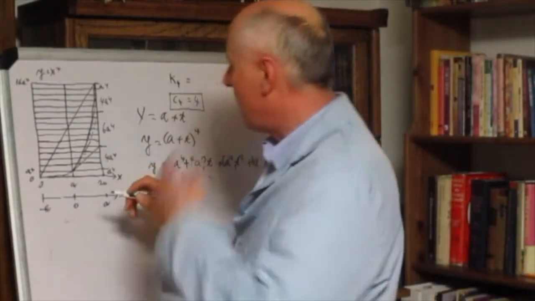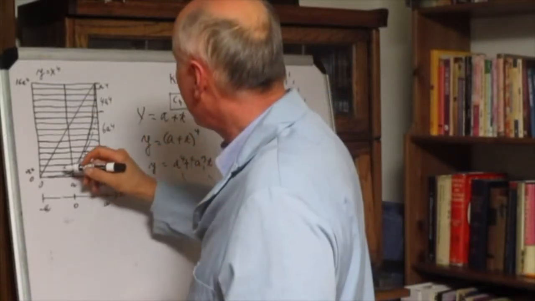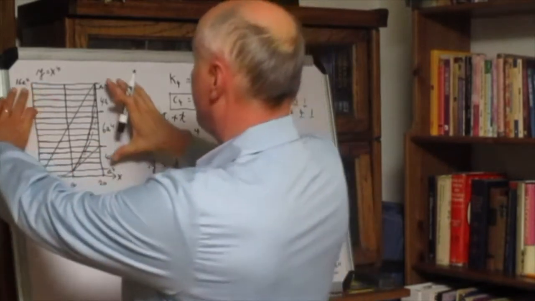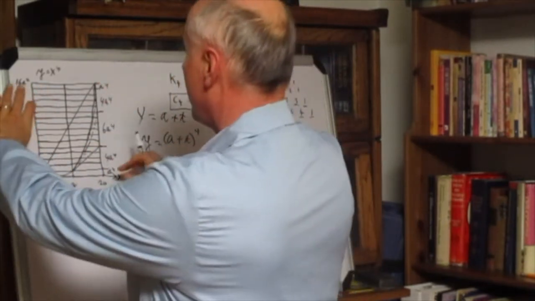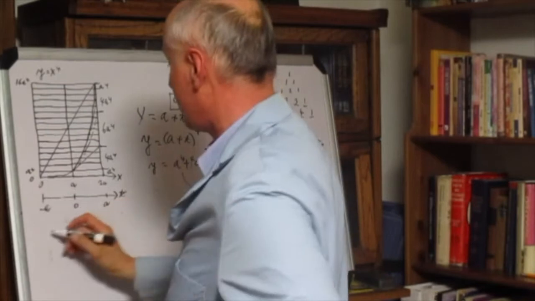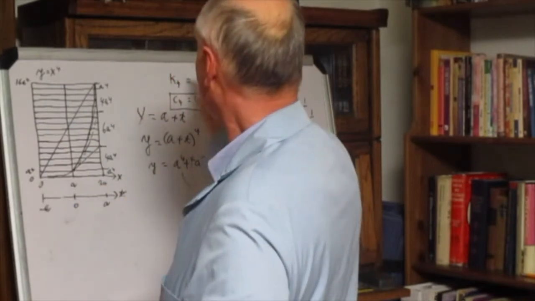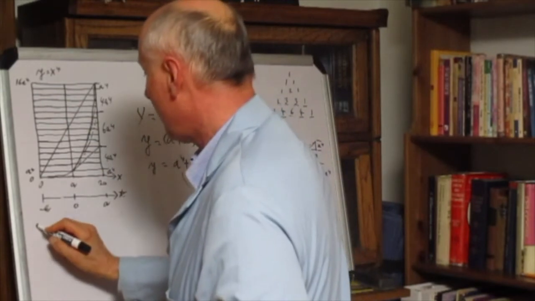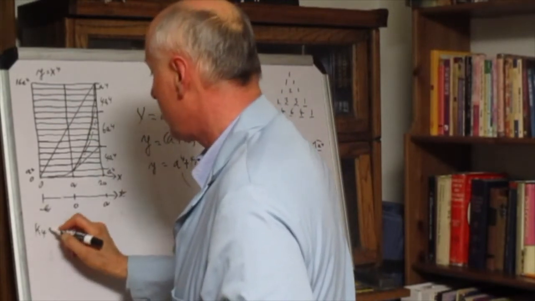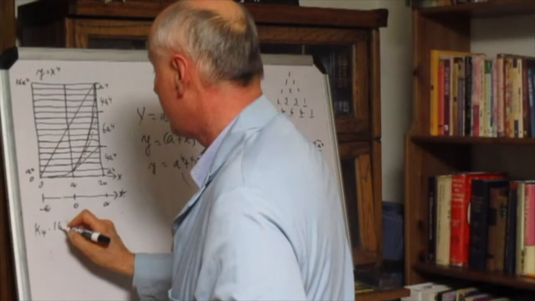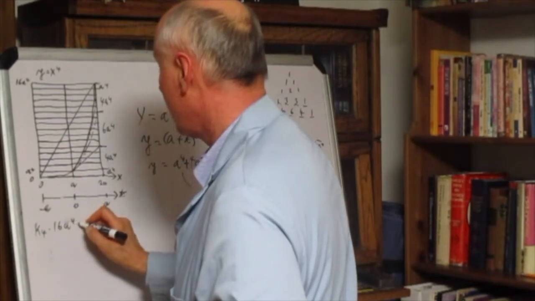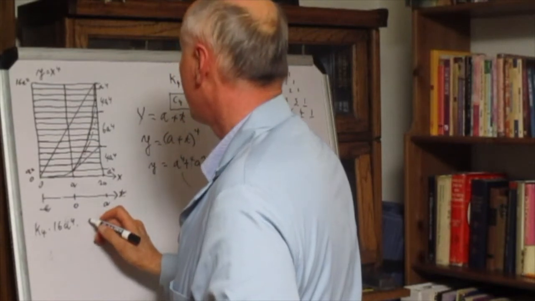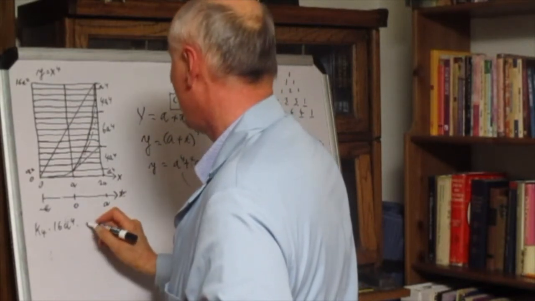What's the area? Well, that's the area of this big wedge. And that's basically this box, height times base, or base times height, times K4. K4 is what we're trying to solve. K4 times 16a to the 4 times 2a.